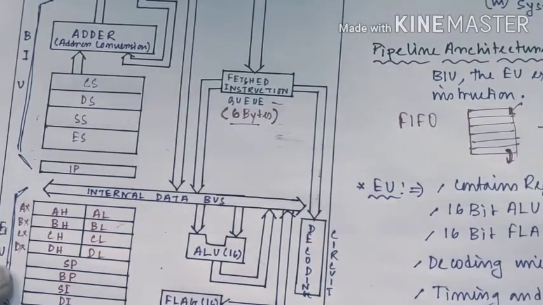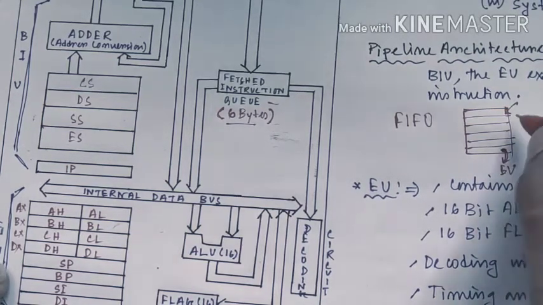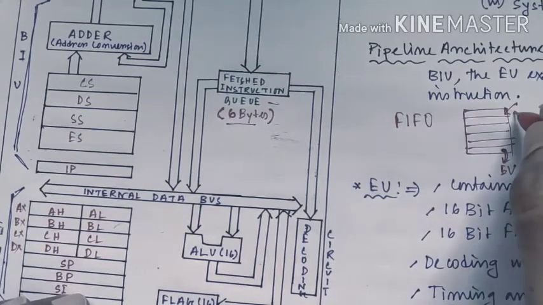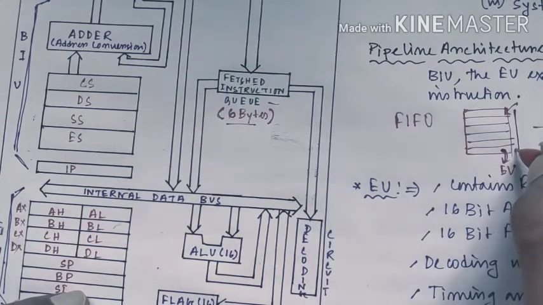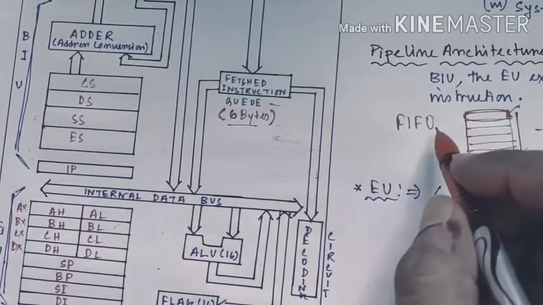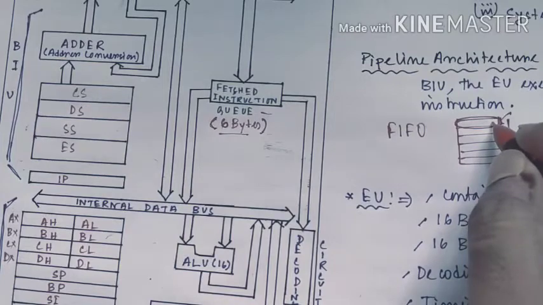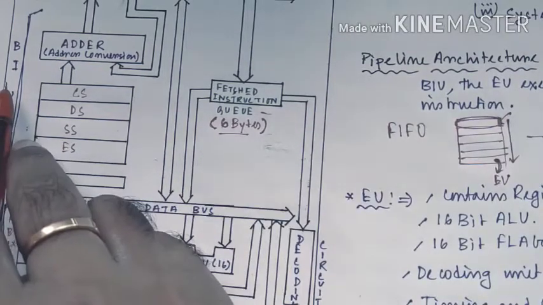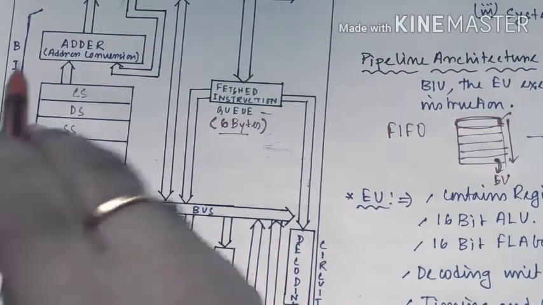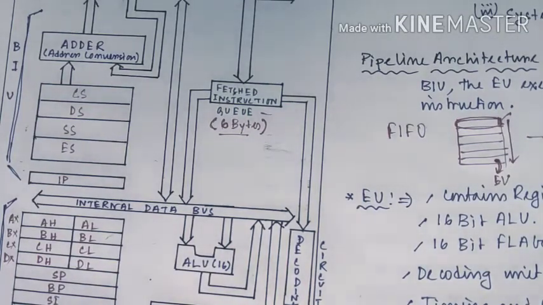So the previously fetched opcode will be executed by the EU section. Then the remaining 5 opcodes get pushed in this direction, so the last location or the last byte of this queue becomes empty, and that empty location gets filled up by the bus interface unit with the next opcode that is available within the program.